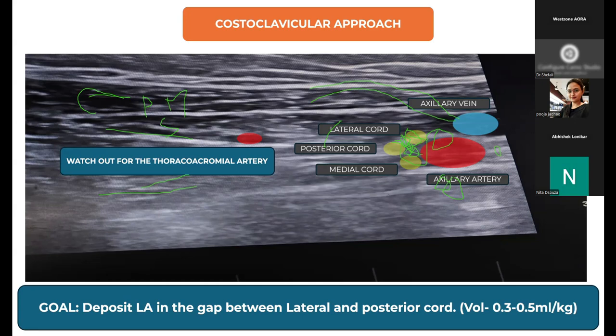Ma'am, can you repeat what exactly you want us to do? The course of the nerves, from the origin to the tip of the finger: radial, ulnar, median, musculocutaneous.